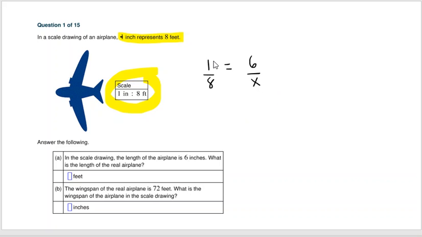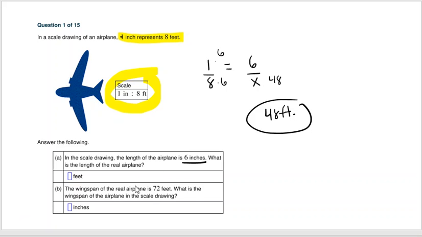Okay, so to get from 1 to 6, we had to multiply by 6. So if you take 8 and you multiply by 6, you get 48. So if on your drawing, your airplane is 6 inches, the length of the real plane would be 48 feet. Okay, let's look at the next part.